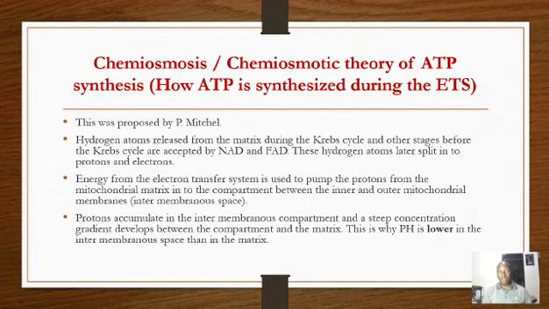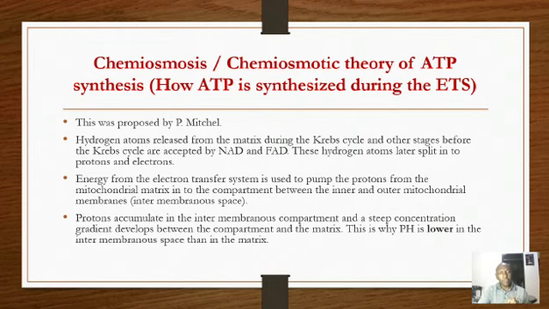By the way, the chemiosmotic theory was put forward by a scientist known as Peter Mitchell. He's the one that came up with the theory. So we are noting that hydrogen atoms are now combined with NAD and FAD in the matrix of the mitochondrion. This is at the end of the Krebs cycle.